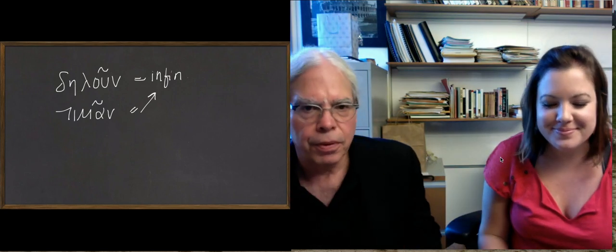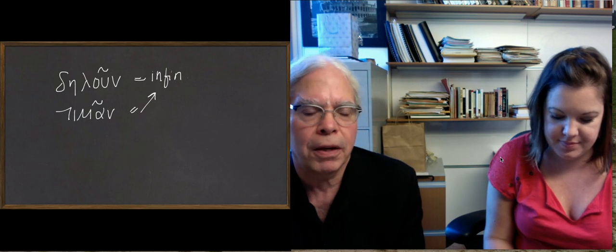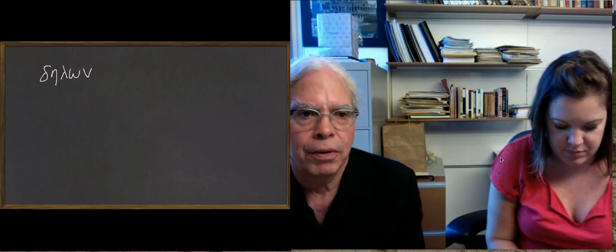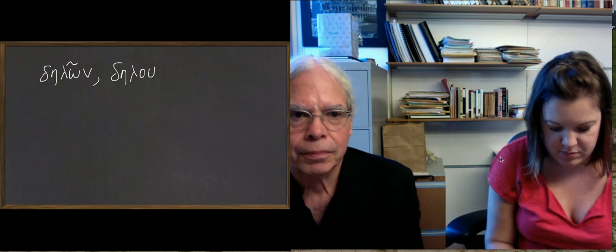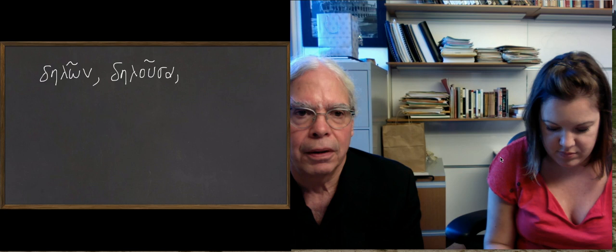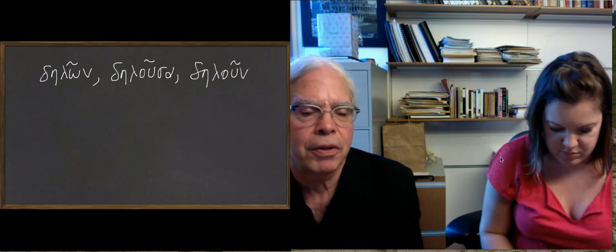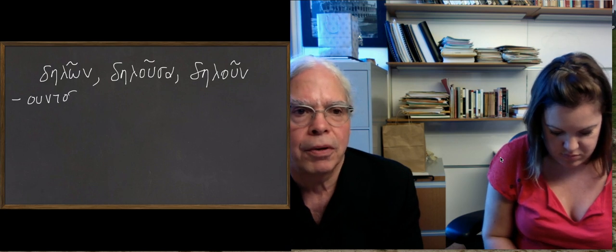In the participles, again you have the O thematic vowel. The only tricky form is the nominative singular masculine, which is deloun with an omega, circumflex, and then delousa, deloun, and then the genitive singular of the masculine is deloountos, O-U-N-T-O-S, and so forth.